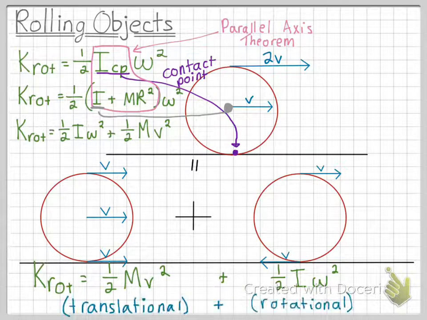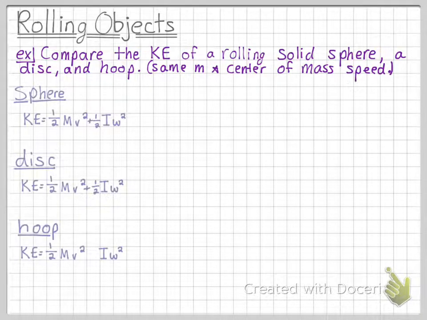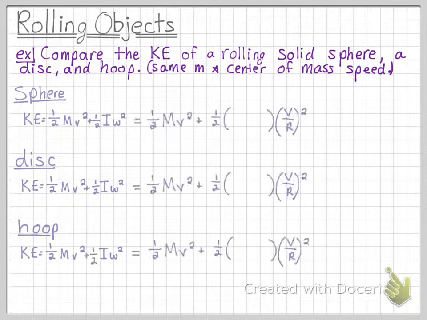So let's say that you were asked to compare the kinetic energy of a rolling solid sphere, disk, and hoop that all have the same mass, center of mass, and velocity. So we know our generic equation begins with 1/2 mv squared plus 1/2 I omega squared. And the only thing that's different about these objects is their moments of inertia.